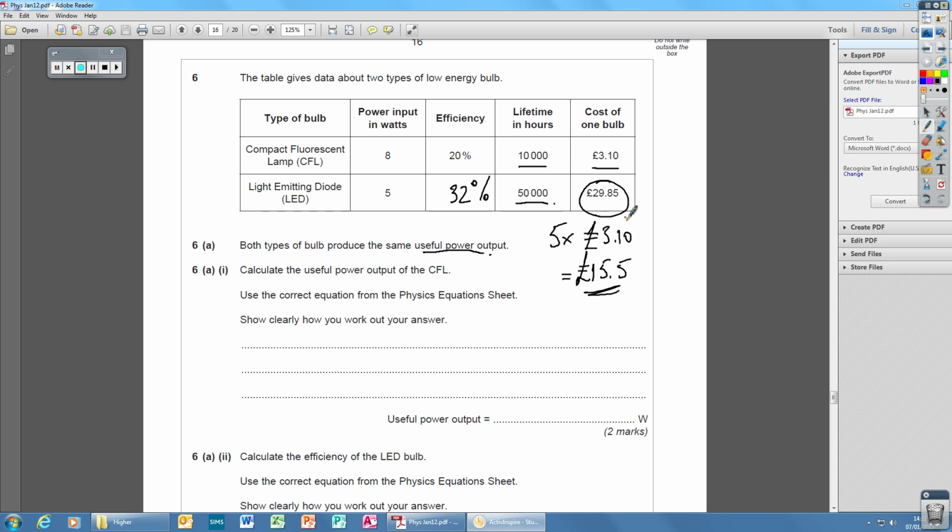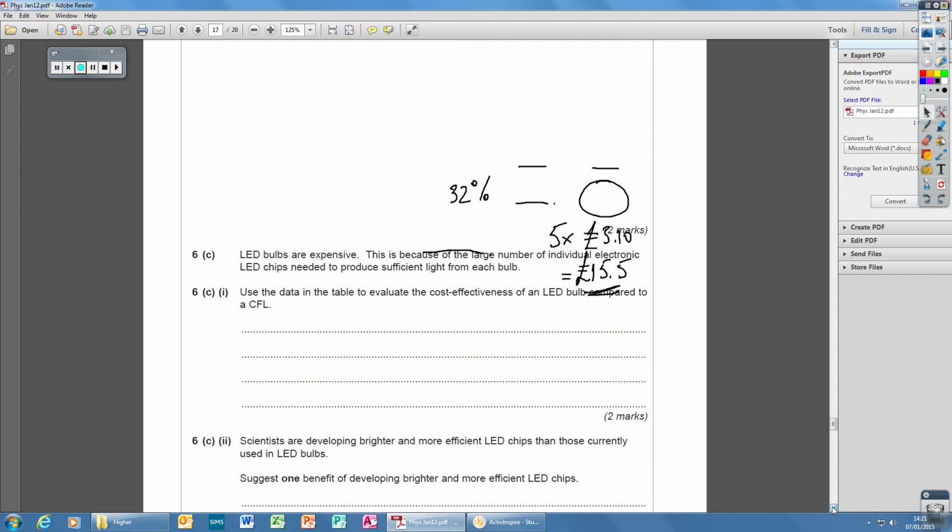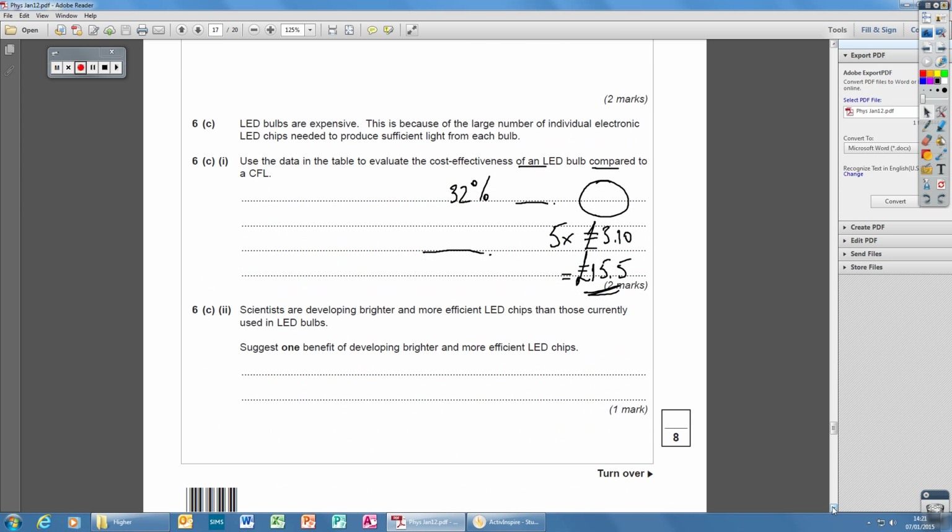So actually, if you look at it, it would be better to buy the CFLs because even though you're going to need 5 of them in the lifetime of one LED, it's still going to end up cheaper. So I think that's probably our best answer there. So let's just go down and write that down here somewhere. There are 2 marks involved here, so I'll just try and express that in words.